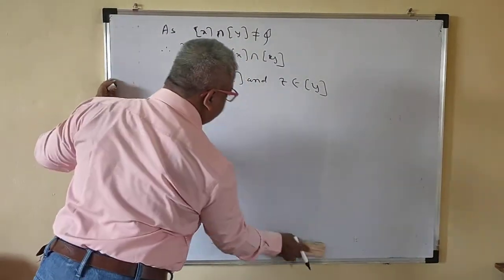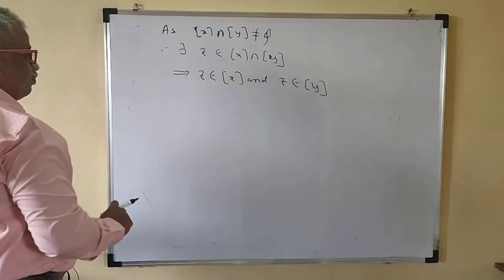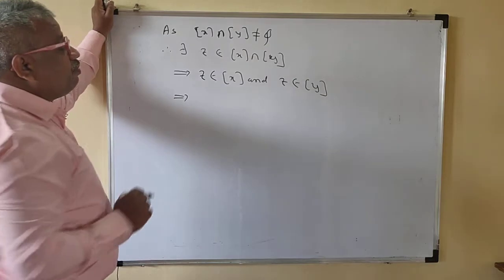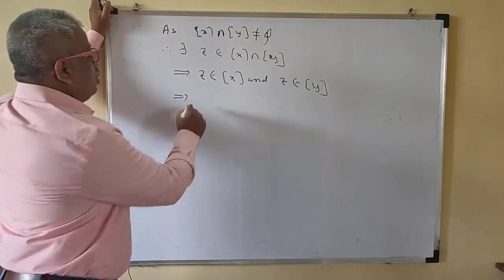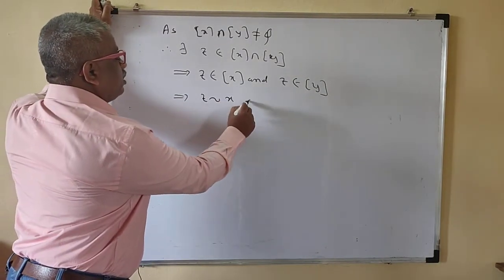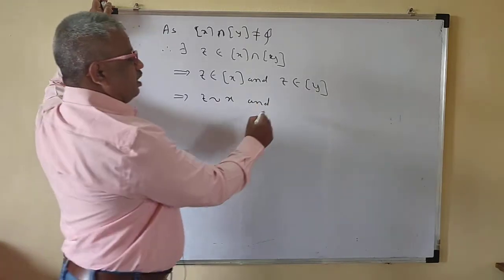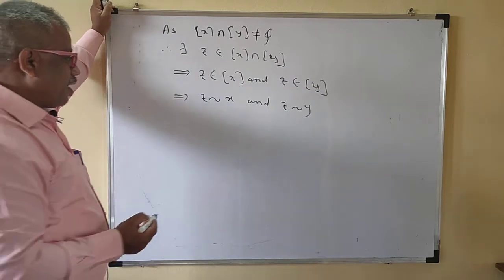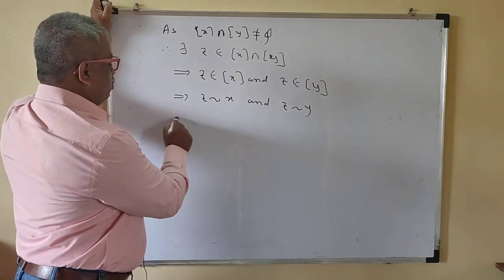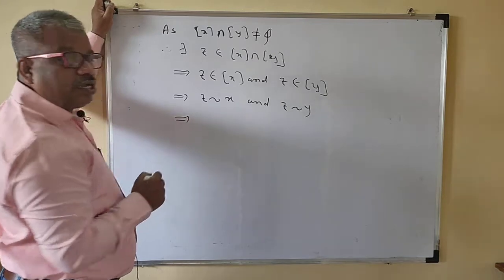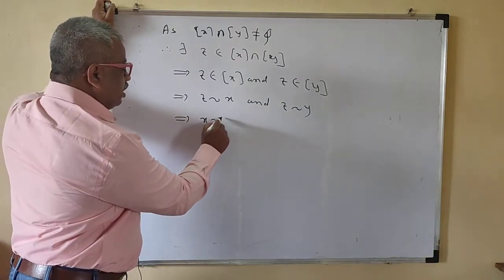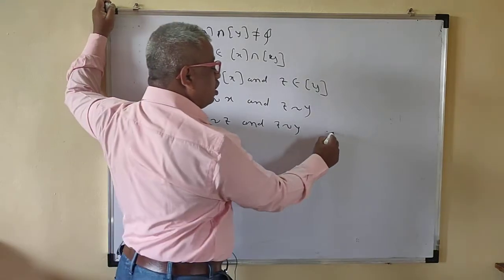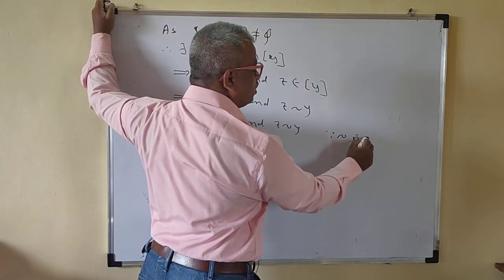By the meaning of the intersection. So this implies that Z belongs to the equivalence class of X means Z is related to X, and Z is related to Y because Z is in the equivalence class of Y. So I can write X is related to Z and Z is related to Y. Since theta is an equivalence relation, theta is symmetric.